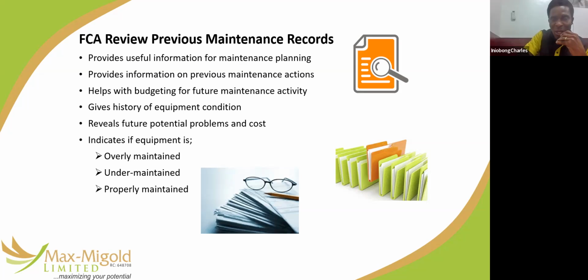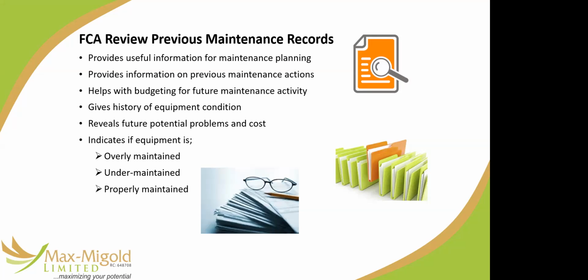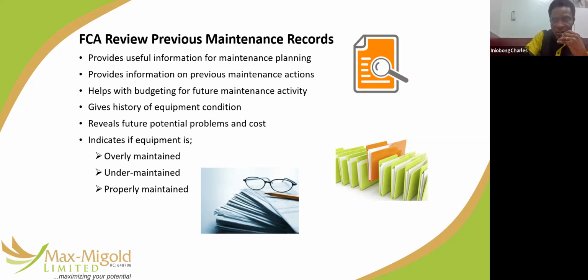From your facilities record, you want to see if you are spending so much money on maintenance of the facility, because it's from your work orders, from all the records that you maintain, from your consumables, the changed parts, the materials you've used.